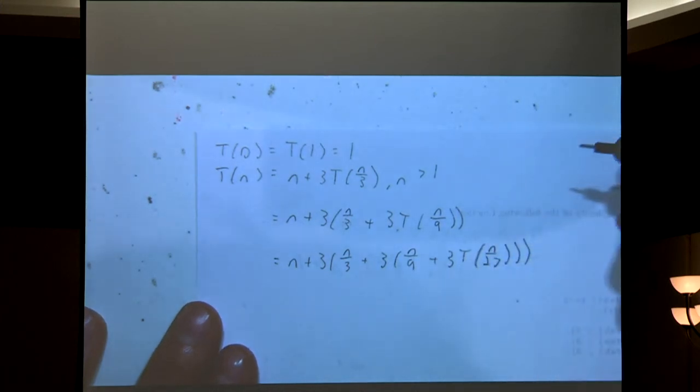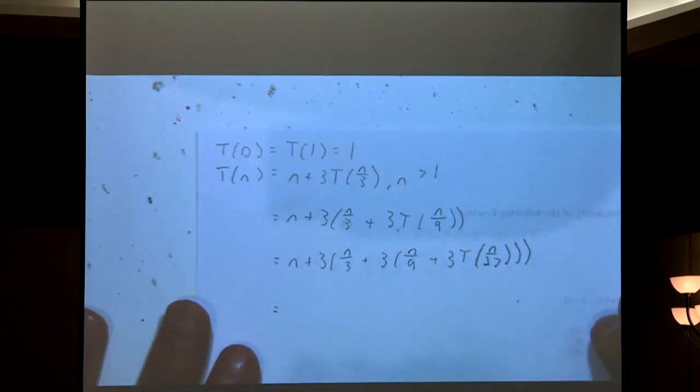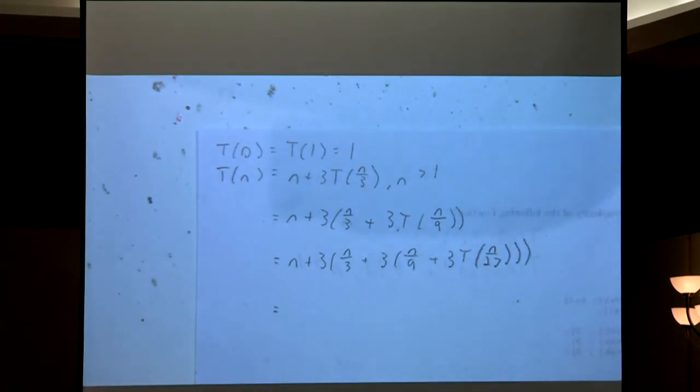So who can see a pattern so far? Where we put this in terms of n and k.